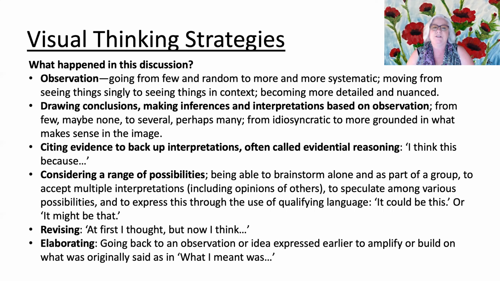Drawing conclusions: making inferences and interpretations based on observation. And this went from a few, maybe none, to several and perhaps many. From idiosyncratic to more grounded in what makes sense in the image, right?